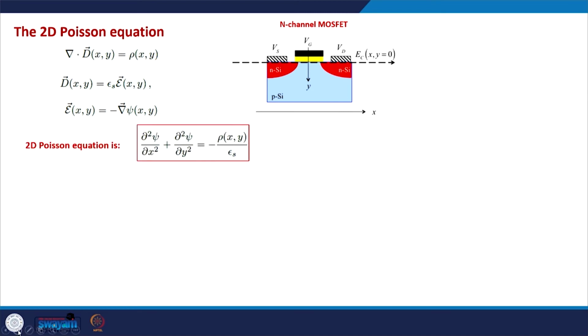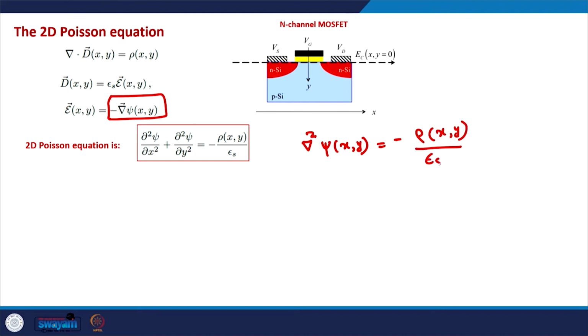So, the 2D Poisson equation ultimately will look like this. If we substitute E equal to minus del psi(x,y) in this equation, the equation will be del squared psi(x,y) equals minus rho(x,y) divided by epsilon s.